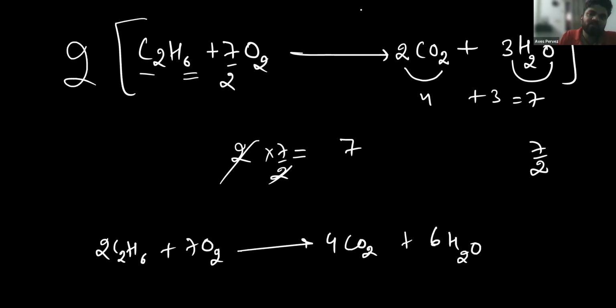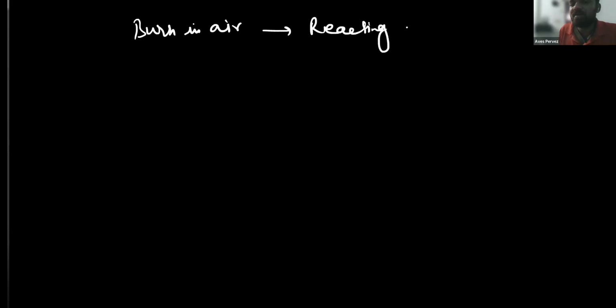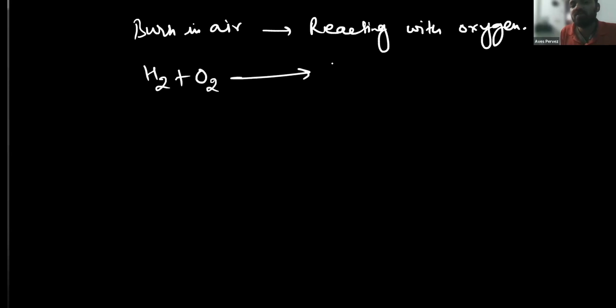Okay, but there is some problem that the student need to face, and that is whenever you are writing that, if we talk that this reacts with air, or burns in air, so burn in air means that it is reacting with oxygen. For example, coal burns in air, hydrogen burns in air. So it means hydrogen is reacting with oxygen to give water. Okay, got it?